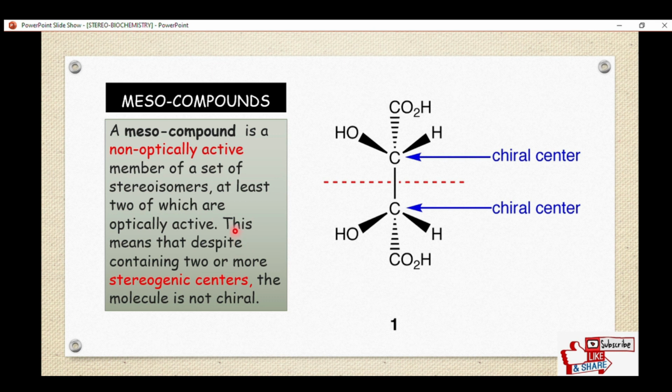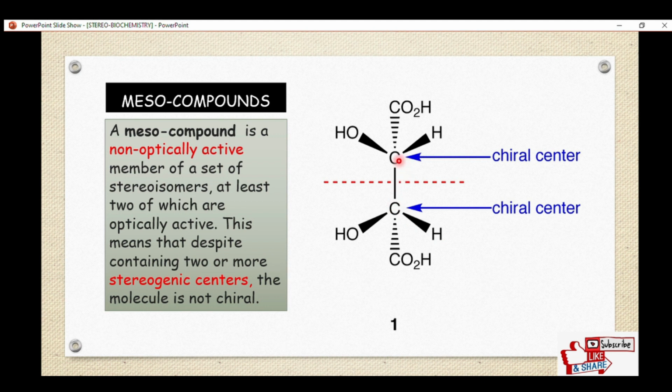Okay, so a meso compound contains at least two chiral centers and is not optically active, because an optically active compound is not supposed to have a plane of symmetry. So let's take this compound for instance. We have a chiral center here, we have a chiral center here, as the line shows over here. So this is a chiral center because it's bonded to 4 different groups of atoms, and the carbon here is a tetrahedral carbon.